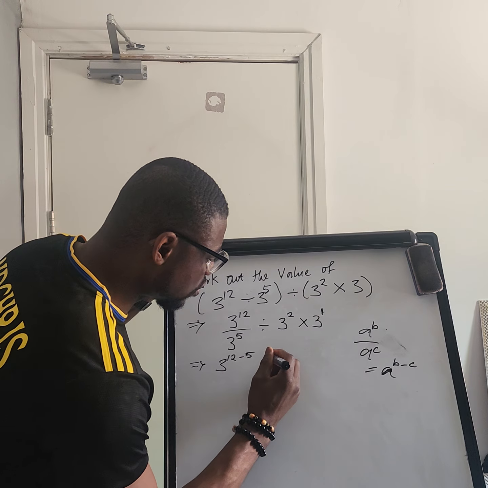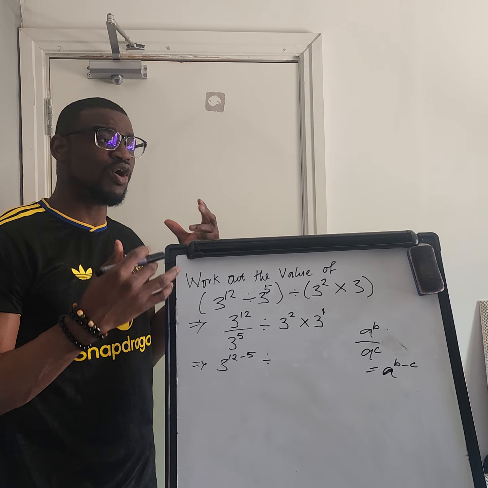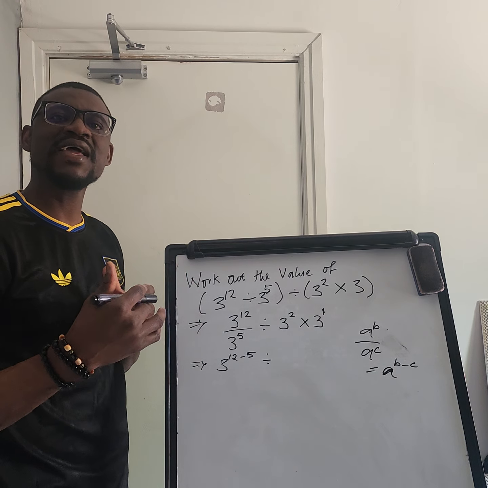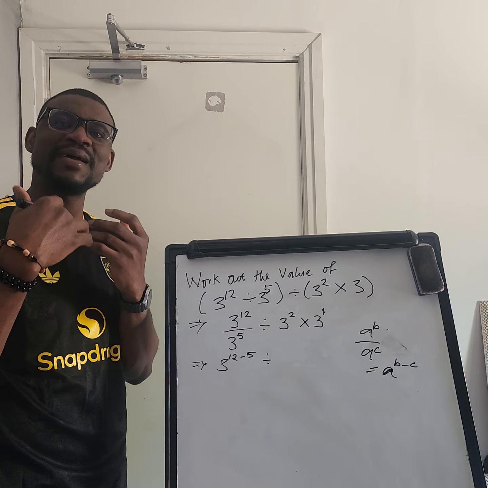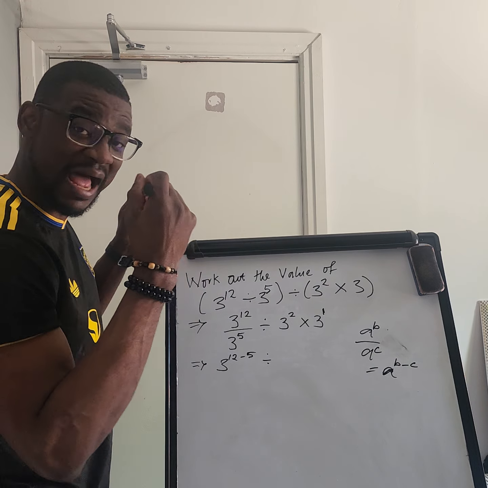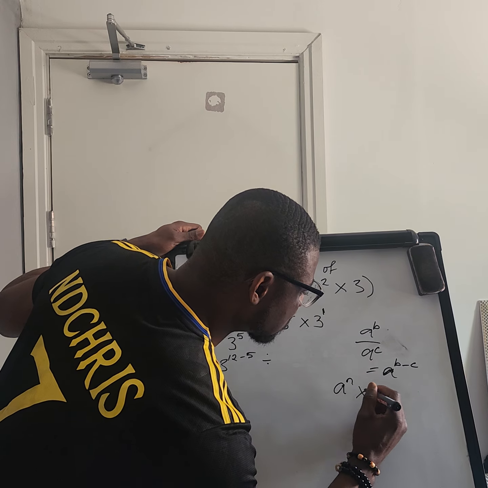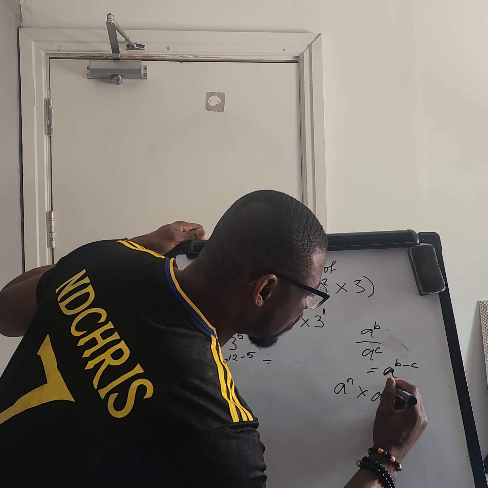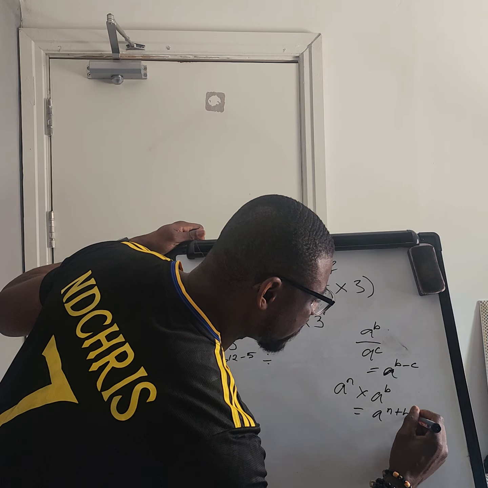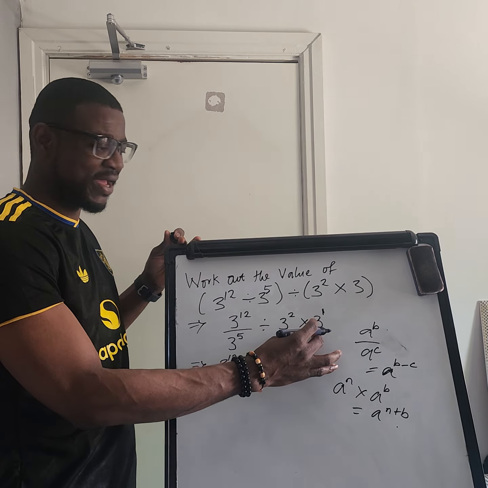Let's come to the other side. Another law of indices, which is the multiplication law, says that when you are multiplying two numbers with the same base, you add the exponents. So that means if you have a raised to power n multiplied by a raised to power b, it becomes a raised to power n plus b. So we are going to implement the same law here.